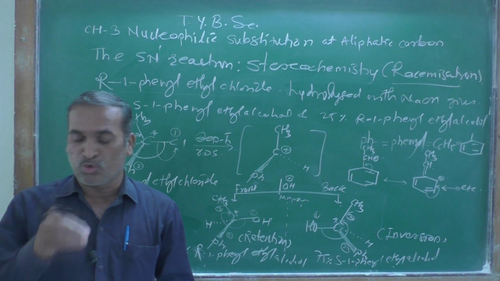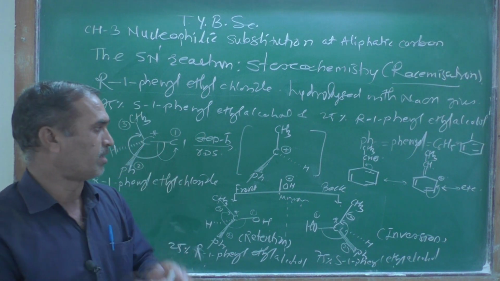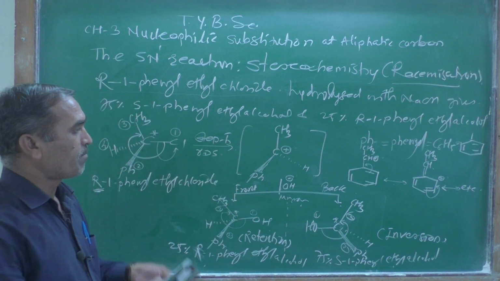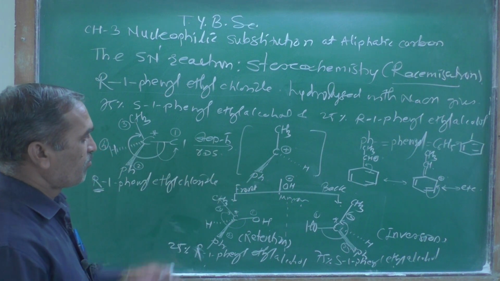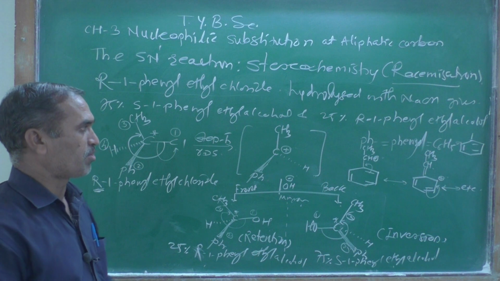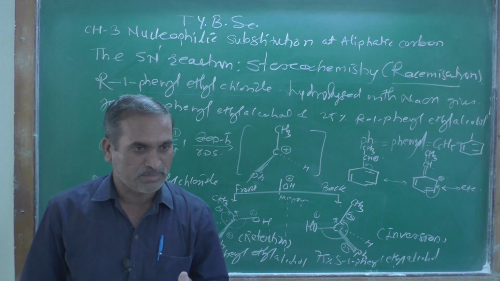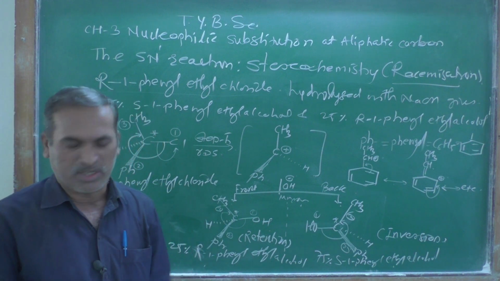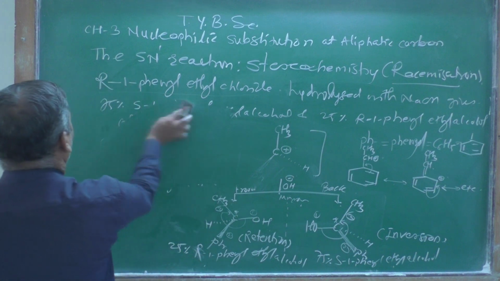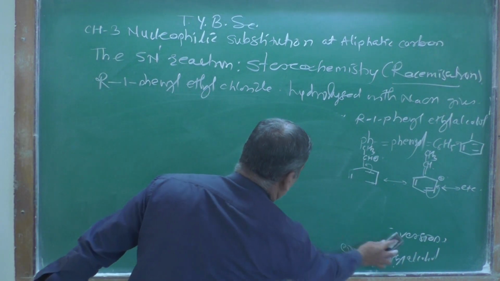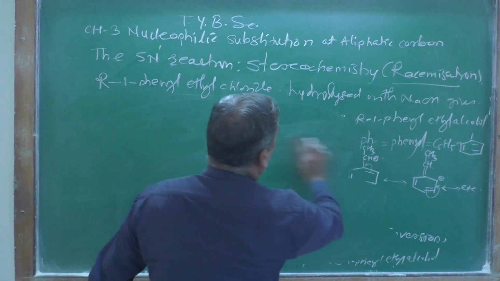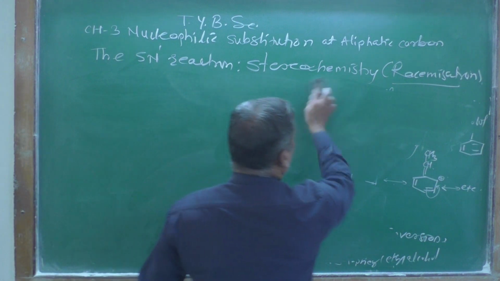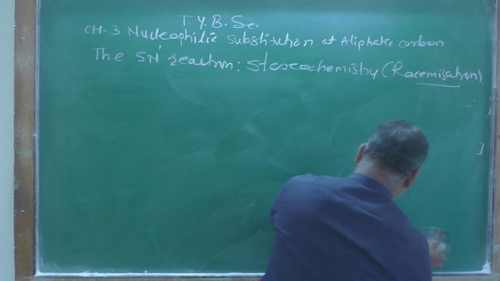Now the second one, the nucleophilicity of the solvent, because for the formation of the carbocation, nucleophilicity plays an important role, because without solvent there will be no formation of the carbocation. And therefore let us see how the nucleophilicity of the solvent plays a role here. The first point we have seen is the stability of the carbocation.